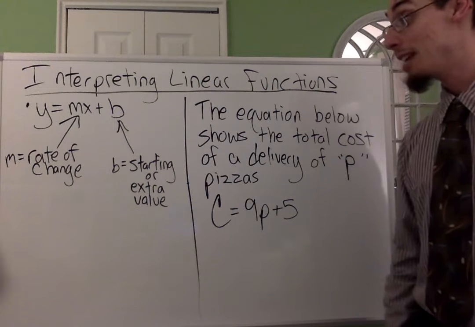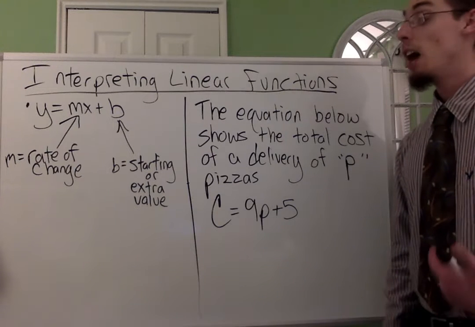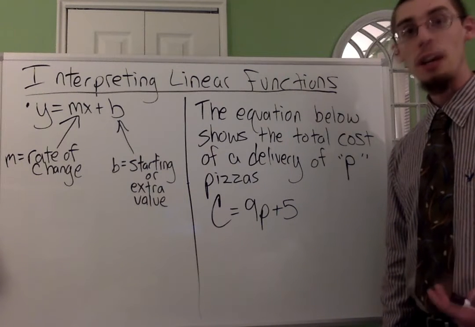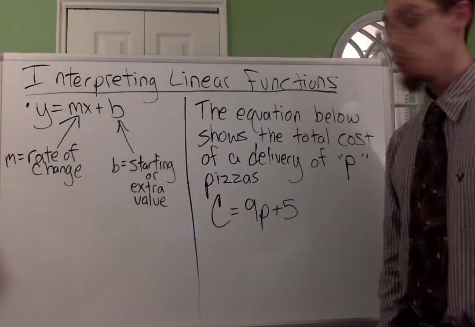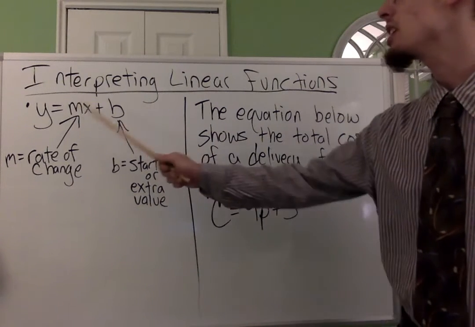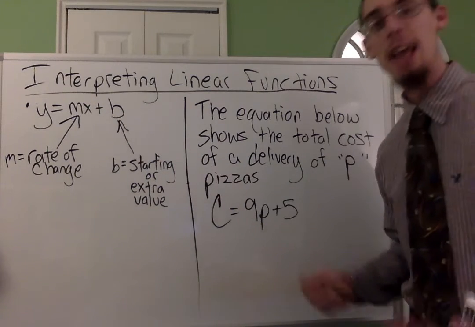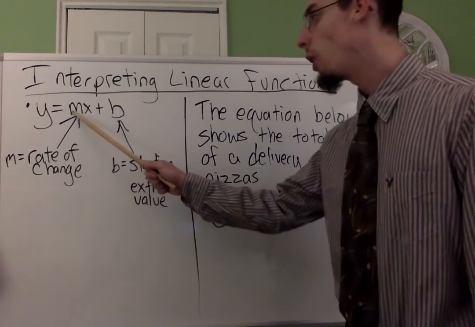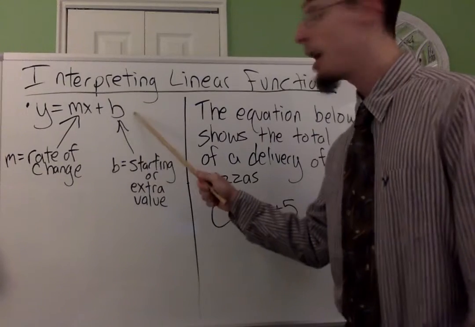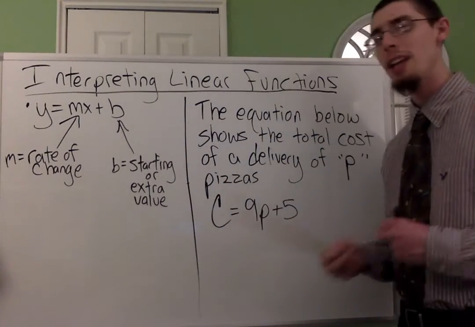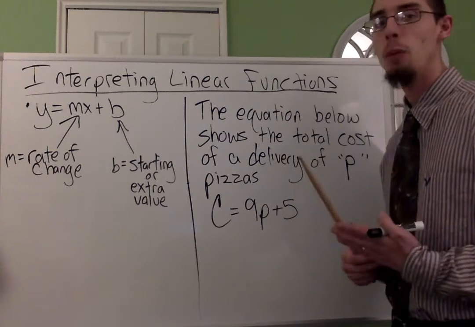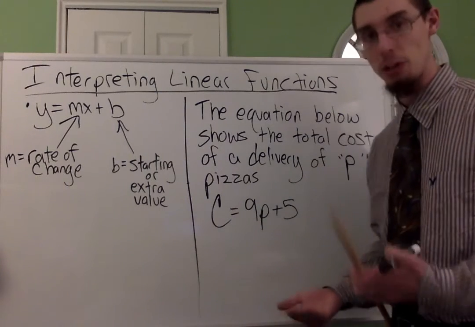If you're going to be taking the Keystones, a lot of the Keystones are going to ask you to analyze things, to interpret things. So when you look at y = mx + b, a lot of people call this slope because it is, and this y-intercept, again, because it is. But slope and y-intercept, that doesn't really help you interpret the meaning of things, right?